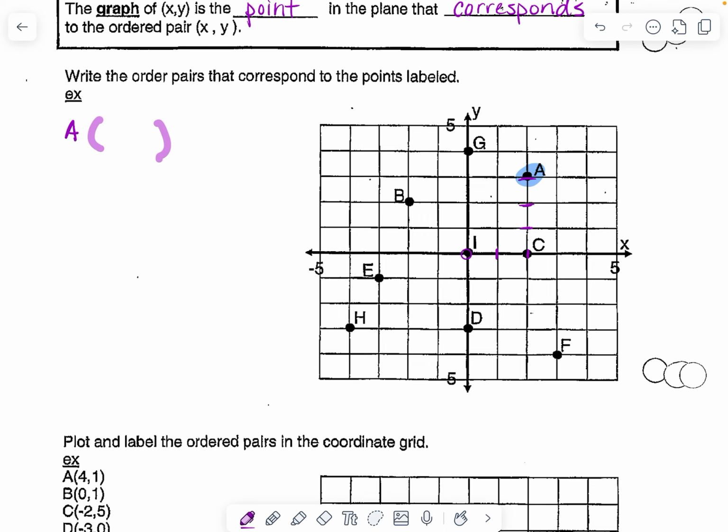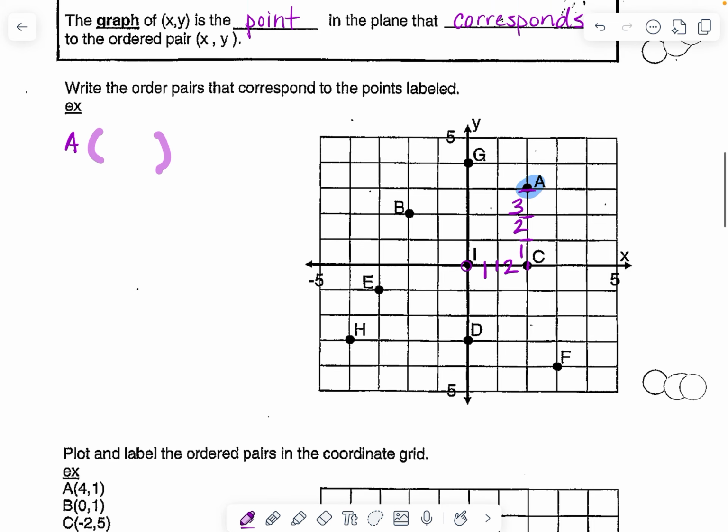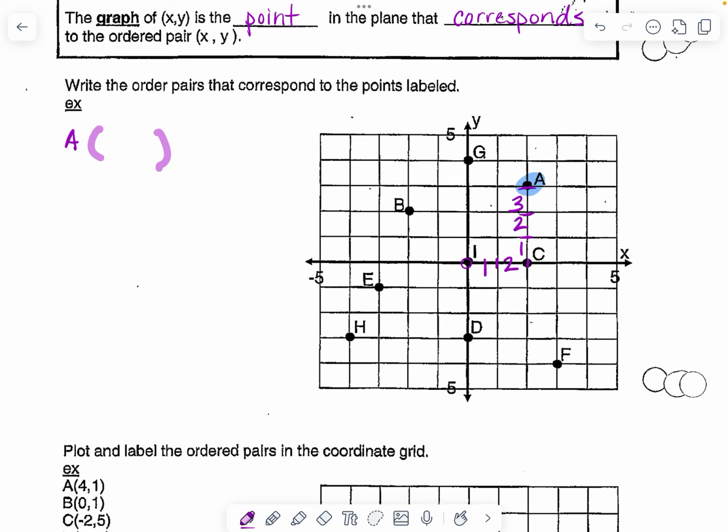Again, that's a positive direction. So you're going to move 2 squares to the right, and 3 squares up. So the ordered pair that corresponds to that point would be (2, 3), because that's how you moved away from the origin to travel to point A.